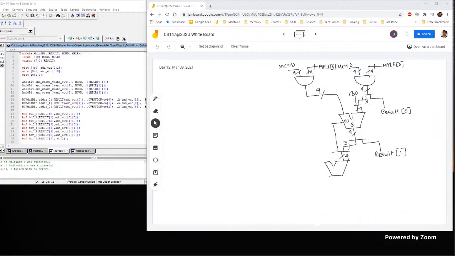And what is the second operand of that adder? It is the replication of multiplier bit 2 with all 4 bits of the multiplicand, going as a 4-bit input into that adder.